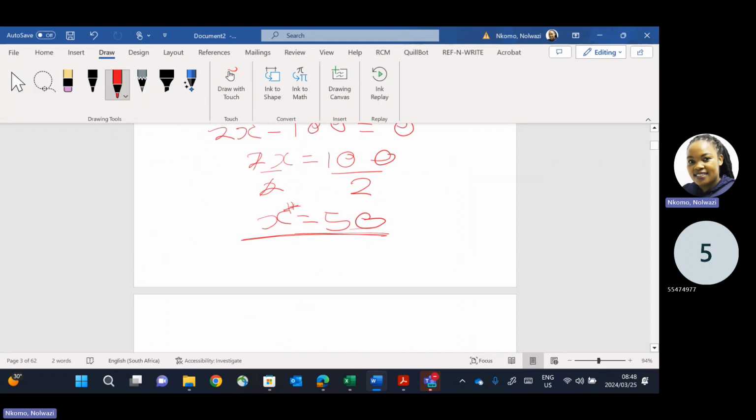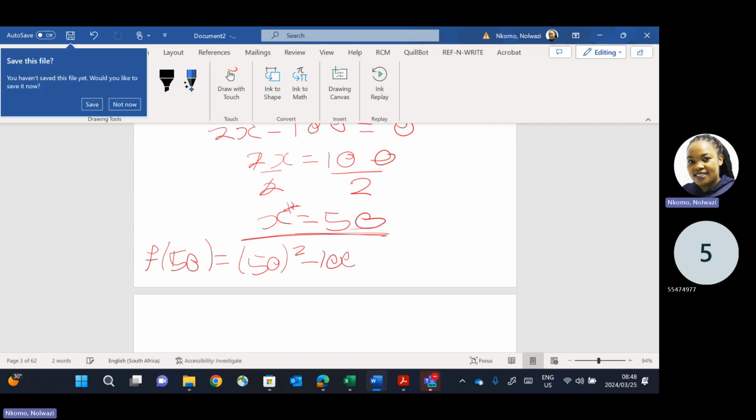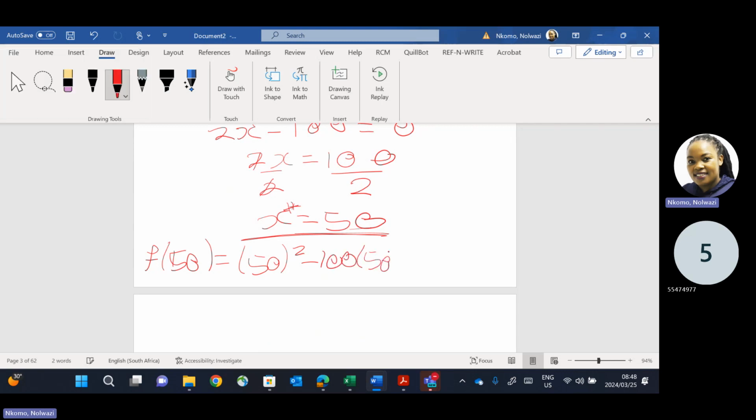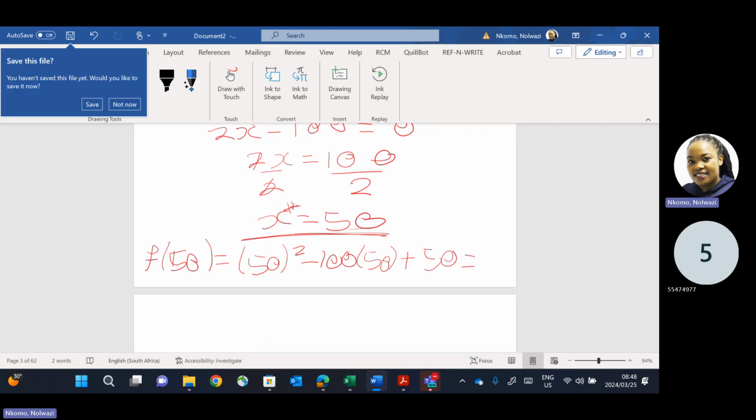That means you'll have f of 50, which is 50 squared minus 100 times 50 plus 50. We have 50 squared, that is 2,500. We have 100 times 50, that is 5,000.